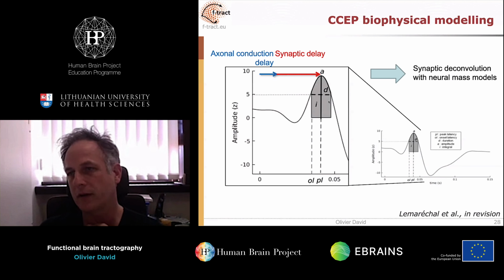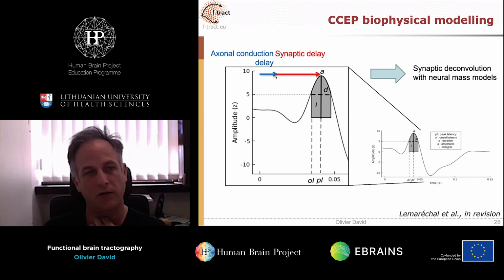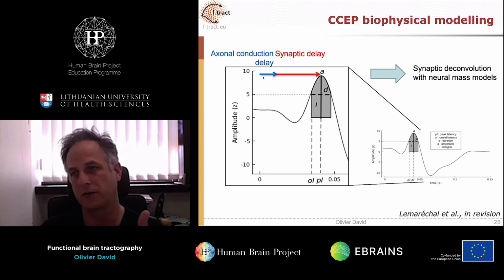The other subject we are developing is the biophysical modeling of the CCEP, because when we record a response to the stimulation, what happens at the neurophysiological level is that there is an axonal conduction delay, which is a delay of propagation from the stimulated areas up to the recording areas.